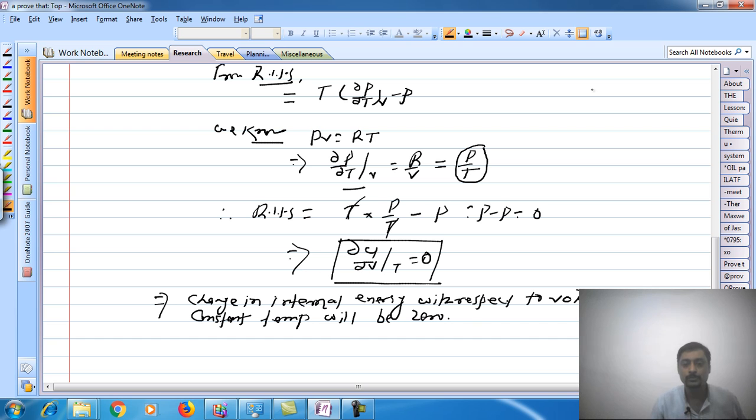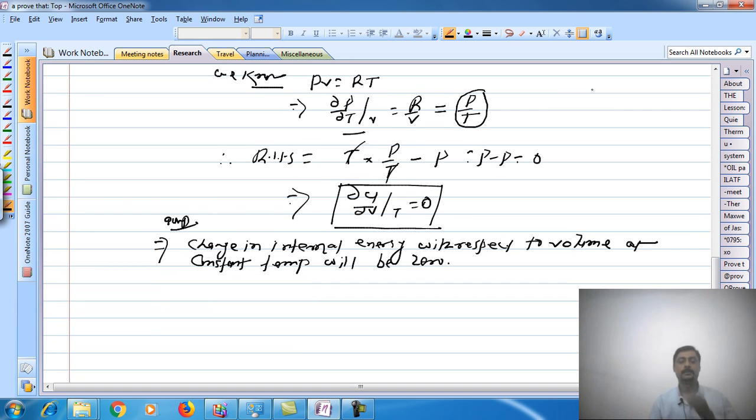This is our important observation. Okay, this is very important. So change in internal energy with respect to volume at constant temperature will be equal to 0.